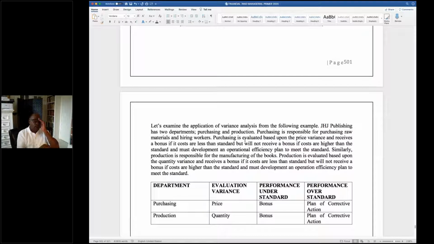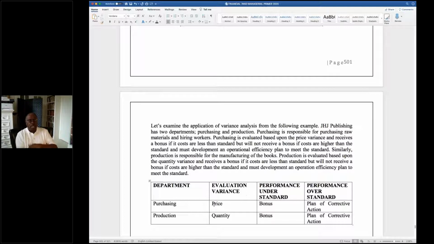So let's assume in making the primer, I have two departments. One purchasing, which buys everything and hires workers, and one production, which supervises the production of the book. That is, once the raw materials and the people have been hired, then they supervise the actual making of the book.